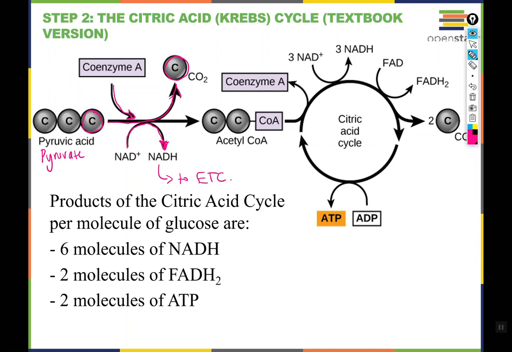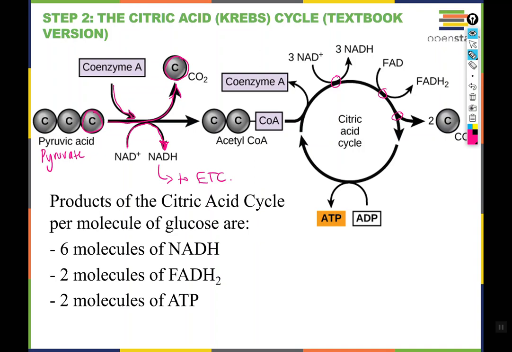Acetyl-CoA gets sent into the citric acid cycle, where the first step is that coenzyme A pops off again, and then each of these steps here is catalyzed by an enzyme, and each molecule of acetyl-CoA goes through this whole thing, or excuse me, each molecule of glucose, acetyl-CoA goes through twice.